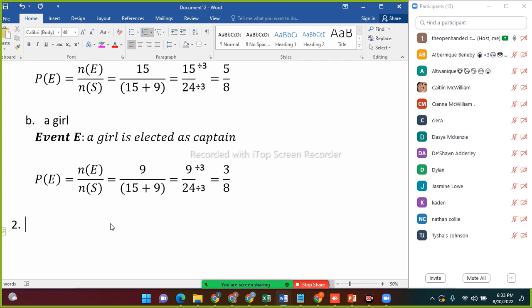Okay, so let's say a farmer has 40 white sheep and 32 black sheep.